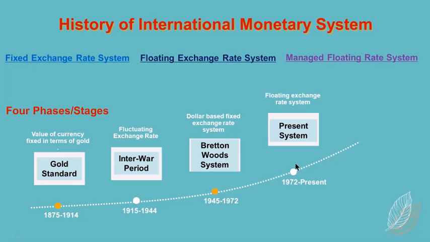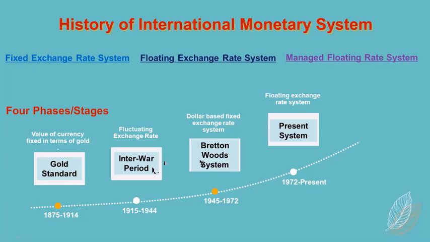Now, that's about the major four phases or stages in the history of the international monetary system. The first phase was the gold standard, which was a fixed exchange rate system. Then came the fluctuating exchange rate system, where the country had freedom to decide the value of the currency based on demand and supply. And then again it was pegged to the dollar. Only the US currency was pegged to gold.